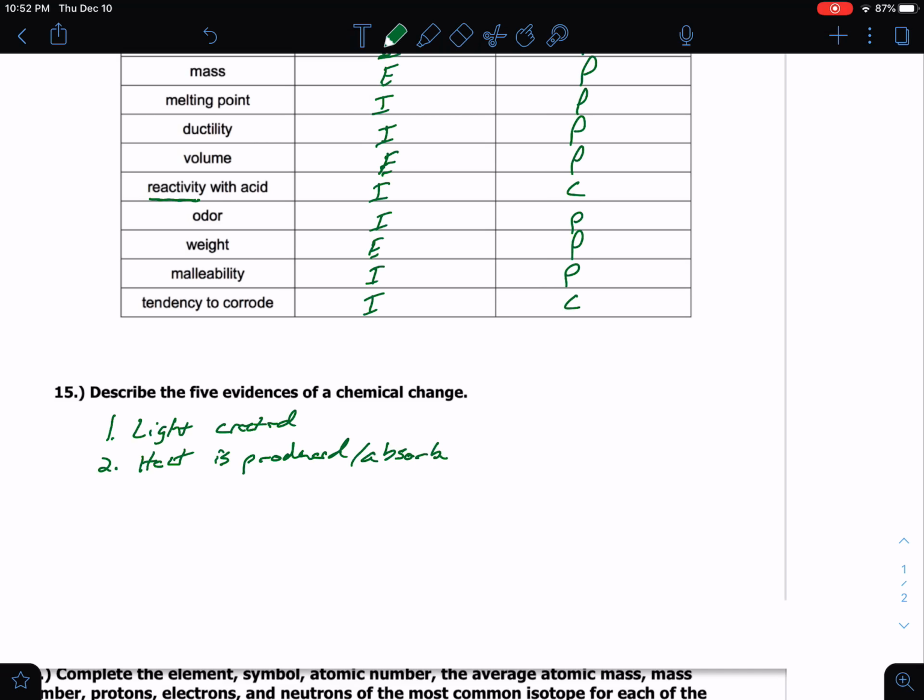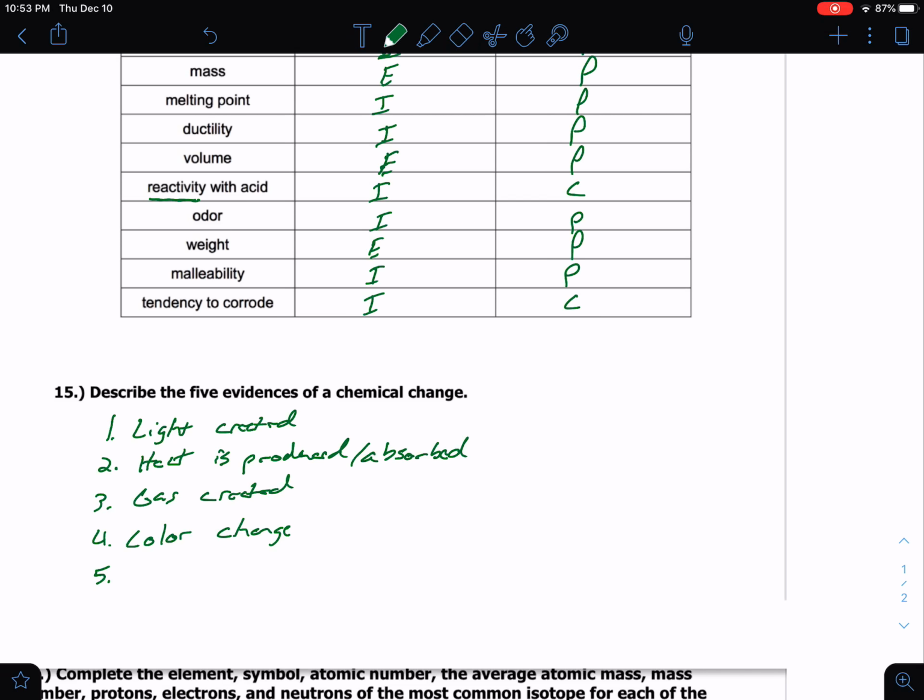If your actual substance gets colder, so it actually absorbs heat, that is going to be a chemical change. 3, if gas is created, that is going to be a chemical change. Then color change. Remember we said color was a physical property, but if we're changing colors, that would be an example of a chemical change.